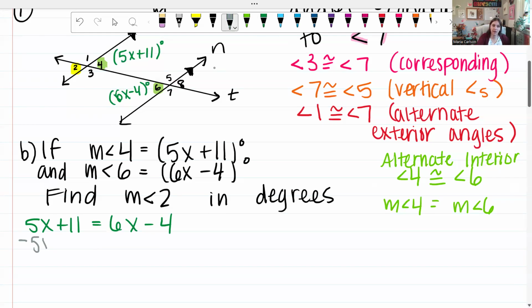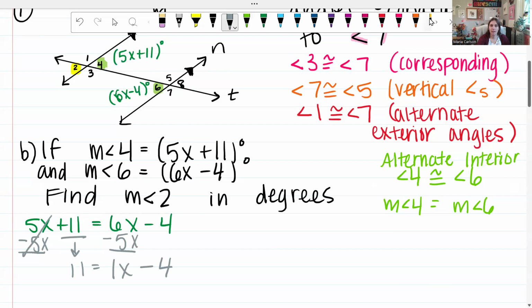So minus 5x minus 5x. And then I will lose it on the left side, right? 5x minus 5x is 0. So then I just have 11 equal to 6x minus 5x, which is 1x. So 11 equals 1x minus 4.